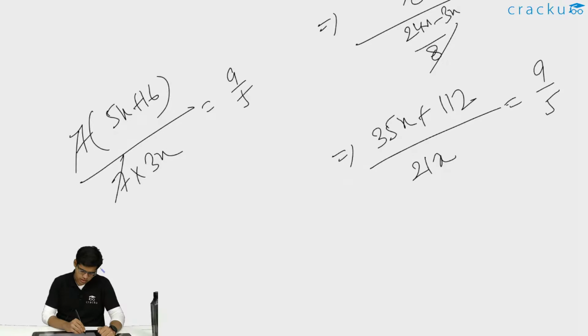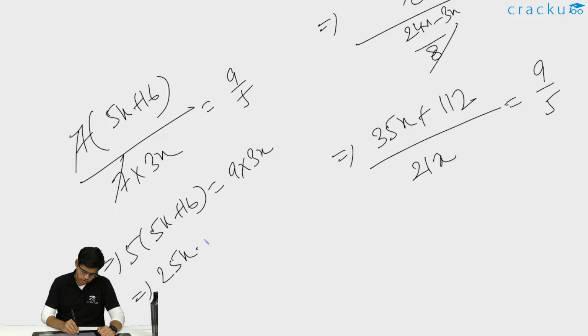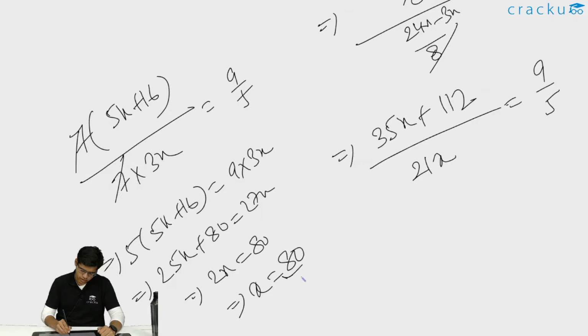So what we are getting is that 5 into (5x plus 16) equals 9 into 3x, or 25x plus 80 equals 27x, or 2x equals 80, or we can tell x will be 80 by 2 equals 40.